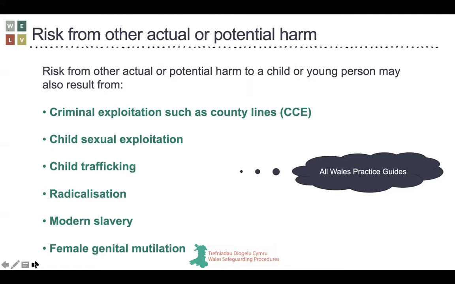Within section 6 of the procedures are the Orwell's practice guides, with practice guides relating to these specific areas, these specific sources of potential or actual harm to children and young people. So it is advised that they are considered alongside section 1 of these procedures.